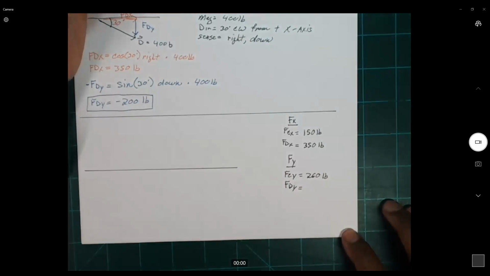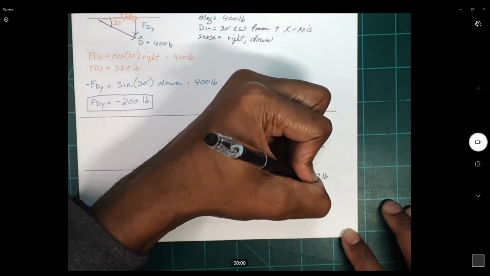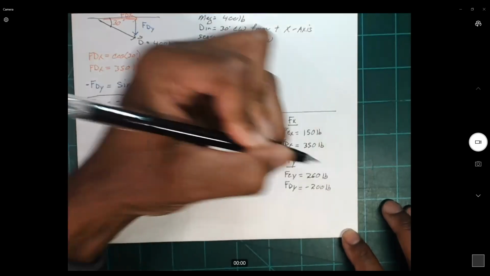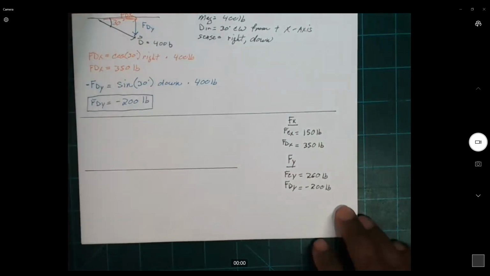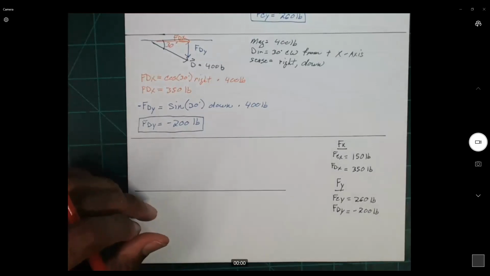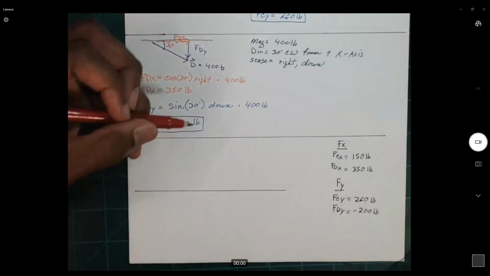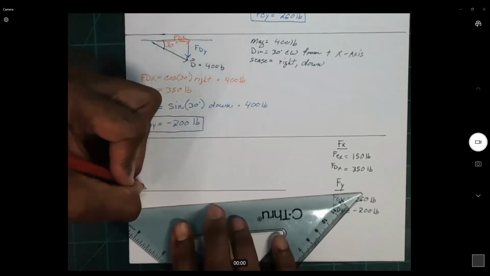And Fdy equals negative 200 pounds. Okay, so now that we have that, let's go ahead and draw our free body diagram. And we'll start at the x-axis.